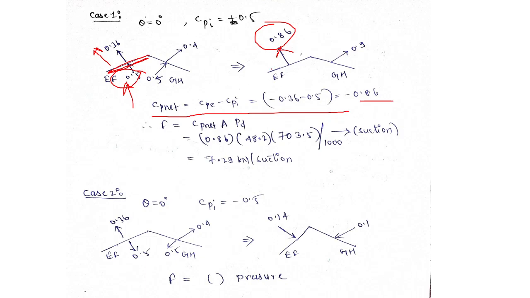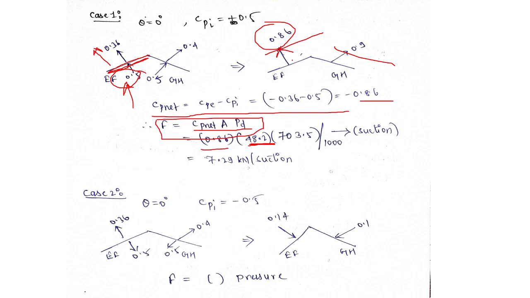Now, how to calculate? These are the coefficients; keep in mind they have no units. Now, how to calculate the force? It is given by a formula written in the code: F is equal to CP net into area into PD. Now, area I have shown you as the tributary area. I think you remember that the tributary area is 48.2, which is nothing but rafter length into spacing.